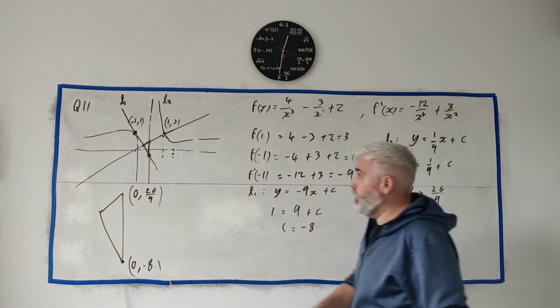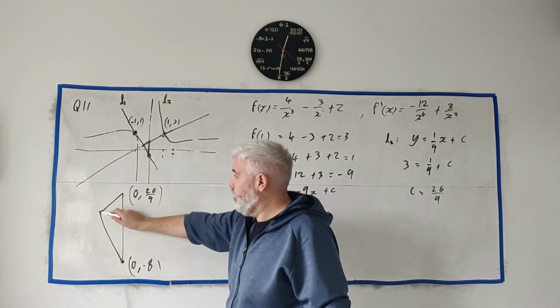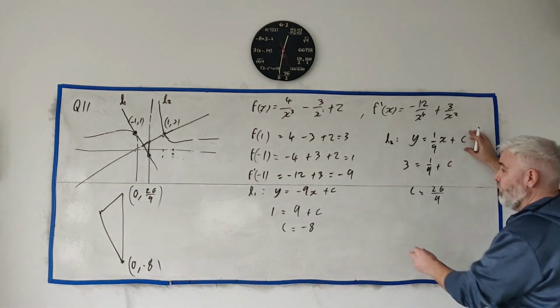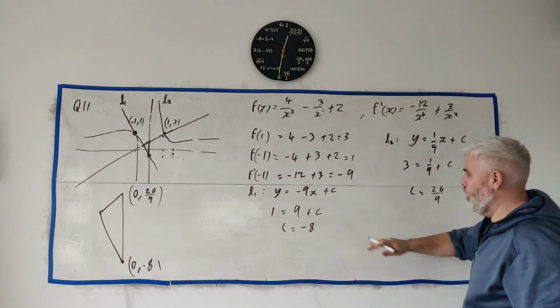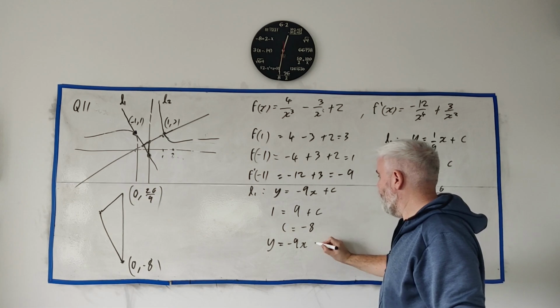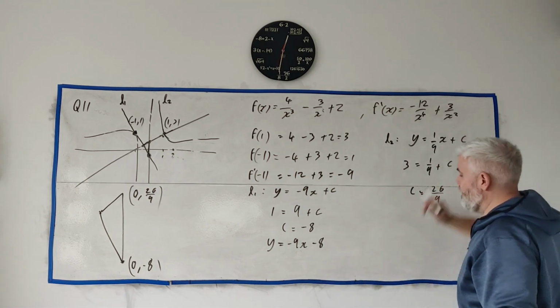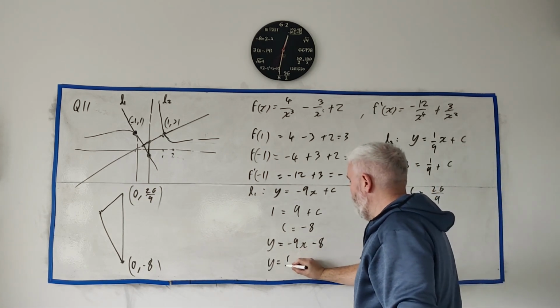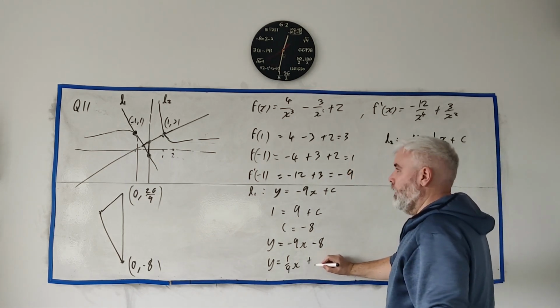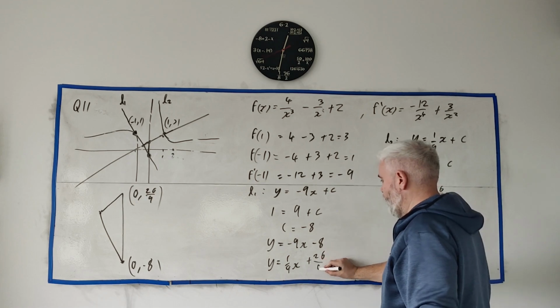The last point I'd love to know is this point out here, and that's just the intersection of these two lines. So let's write them out in their entirety. This one is y equals -9x minus 8, and this one over here is y equals 1/9x plus, is that right? Yeah, plus 26/9.